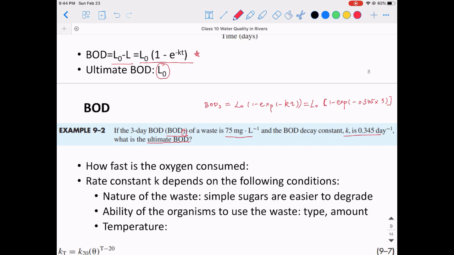We can further find that this is equal to 0.645 L0, and since BOD3 is 75 milligrams per liter, we can calculate the ultimate BOD: 75 divided by 0.645 is about 116 milligrams per liter.